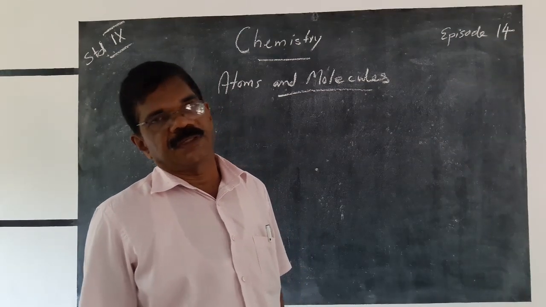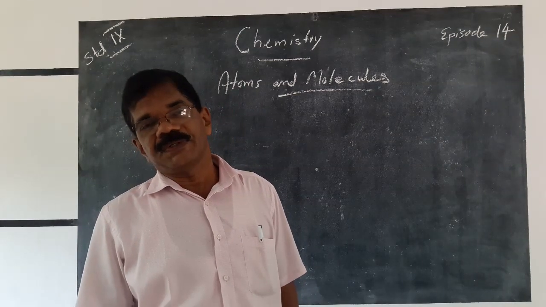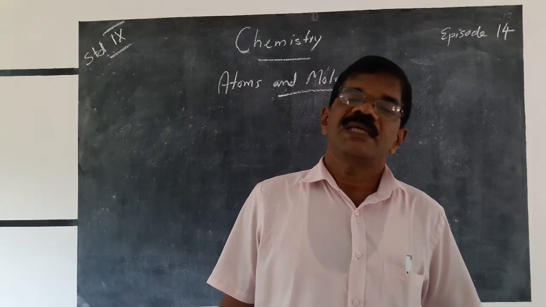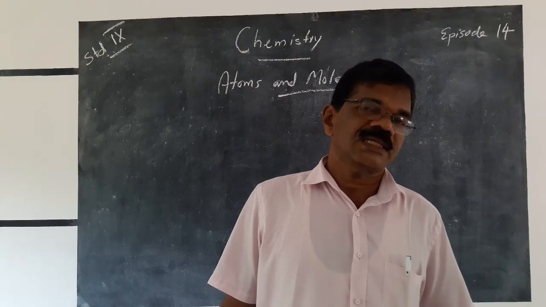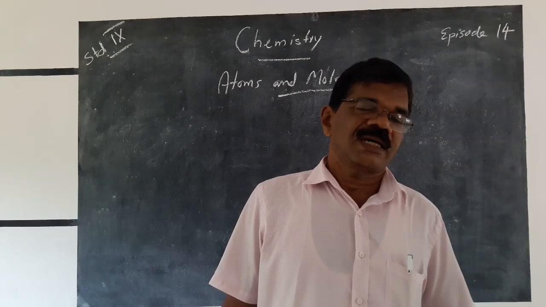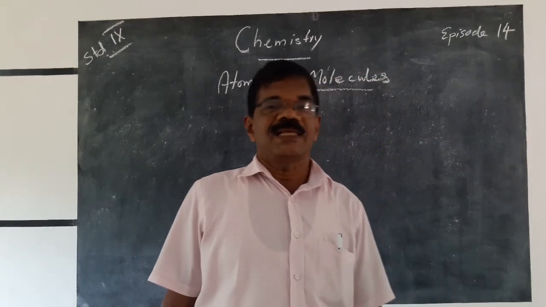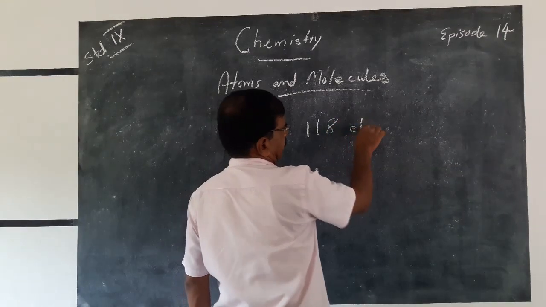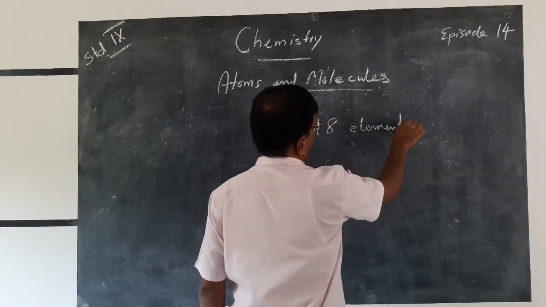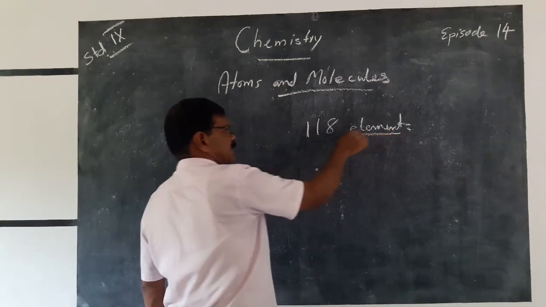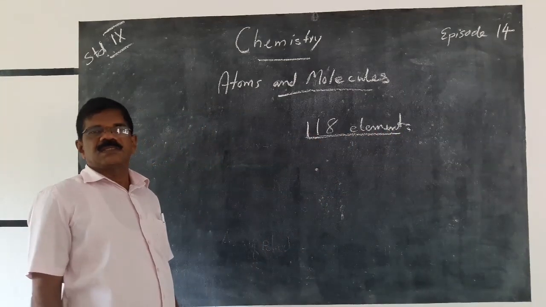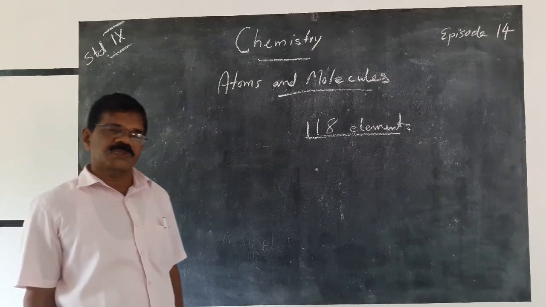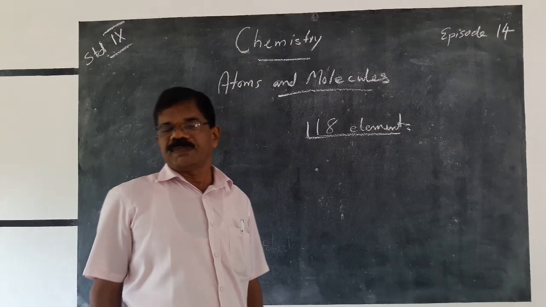Now, we are going to study how these atoms exist. Last class I already told you that there are 118 elements in the universe, already discovered and with their existence approved by the IUPAC.